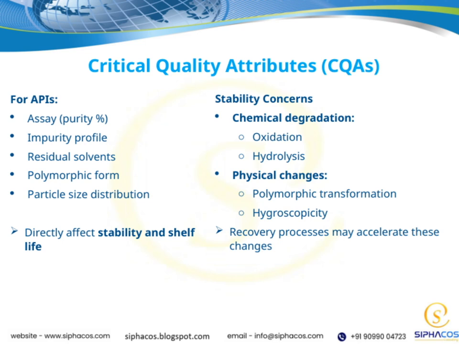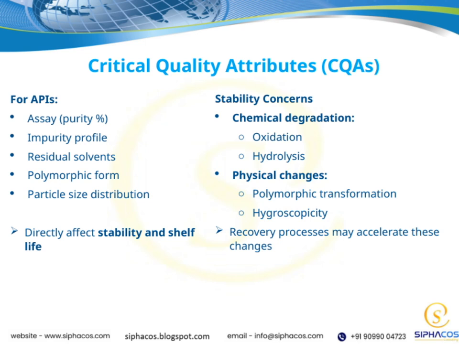Now, focusing on critical quality attributes, or CQAs, these are key parameters we monitor for APIs, or active pharmaceutical ingredients. These include the assay, which tells us the purity percentage, the impurity profile to identify any unwanted substances, residual solvents, which are remnants from manufacturing, the polymorphic form, since different forms can have different stability profiles, and particle size distribution, which can influence dissolution and stability.